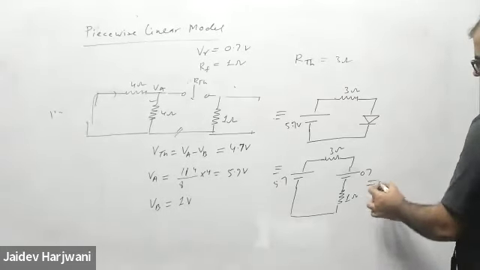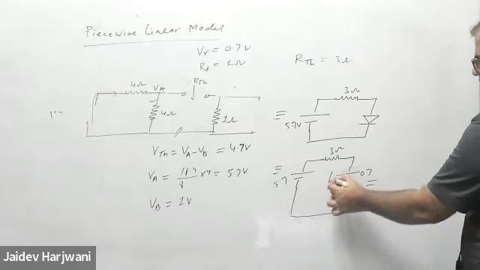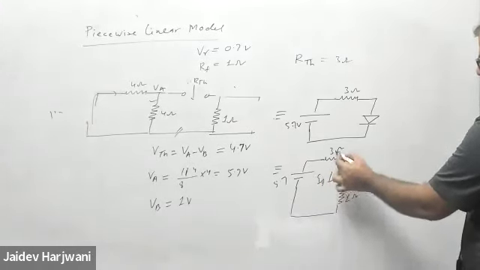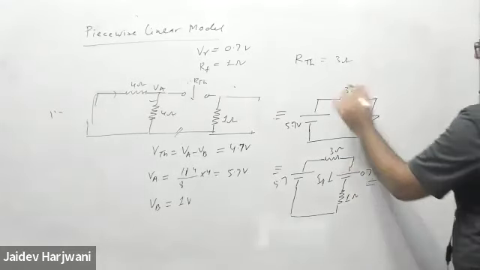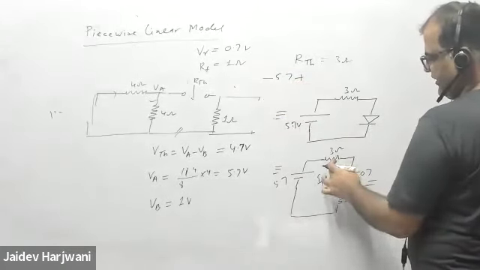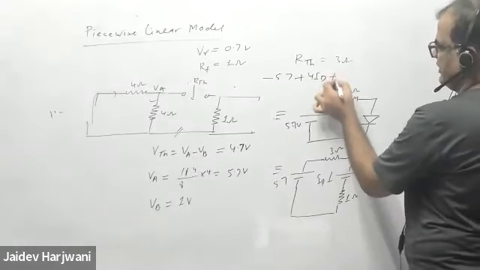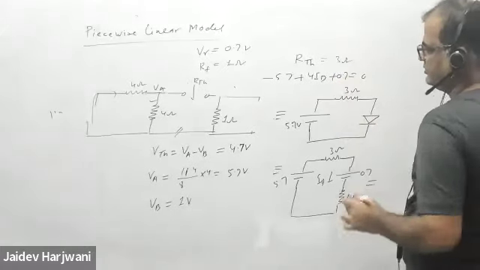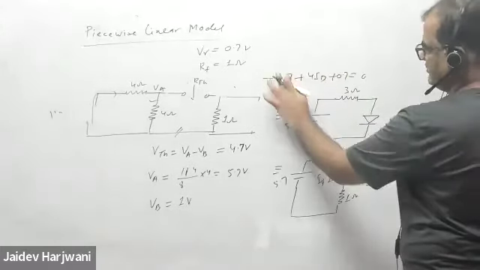Say you want to find ID in the circuit. There is 3 plus 1, 4, so you can write minus 5.7 plus 3 ID plus 1 ID, 4 ID plus 0.7 equals 0. Okay, sir, V is 4.7 now. 4.7.